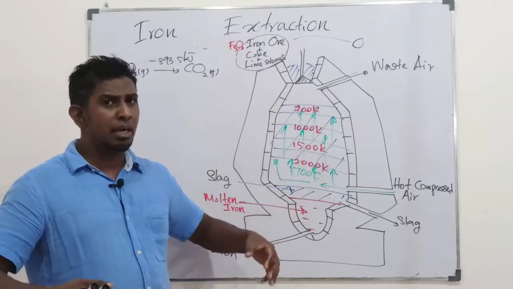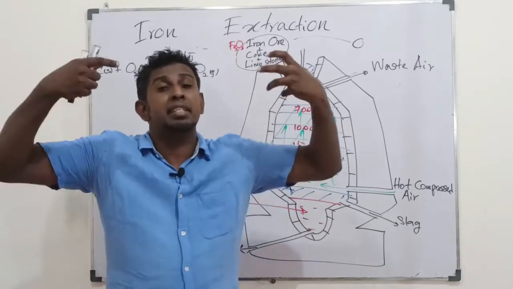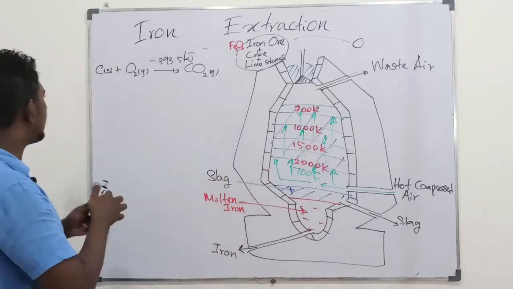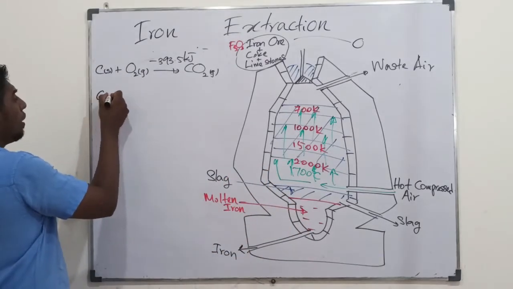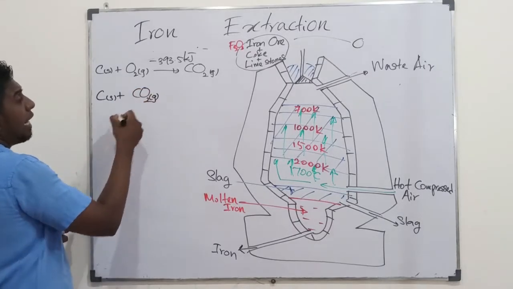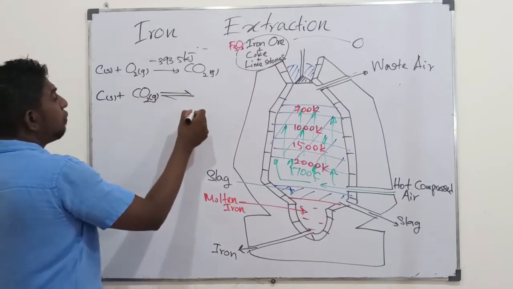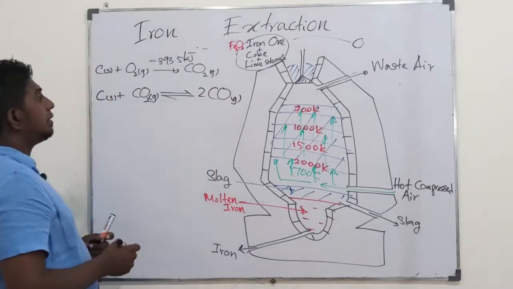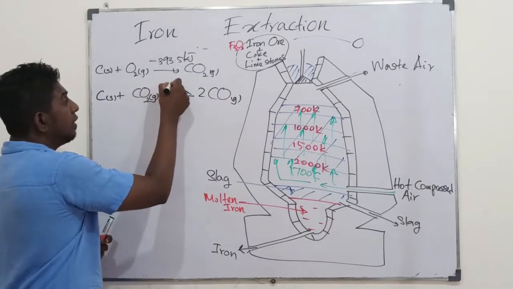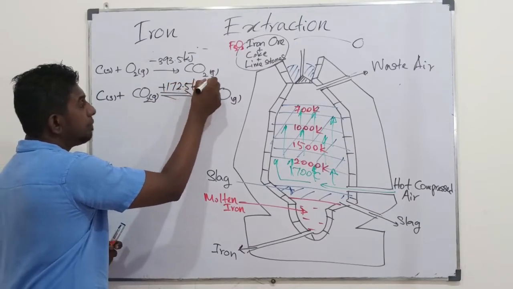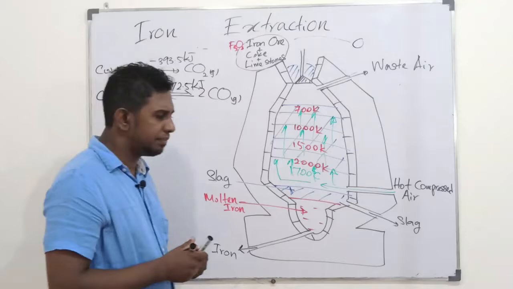Then the red hot coke touches this carbon dioxide and starts forming carbon monoxide. It is an endothermic reaction, 172.5 kilojoules per mole, the enthalpy change.